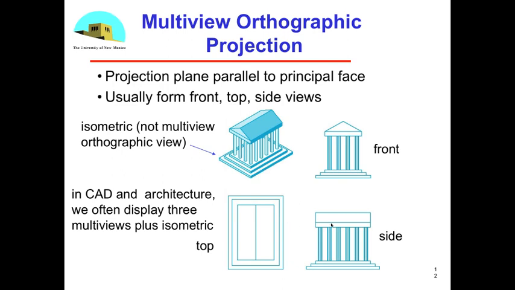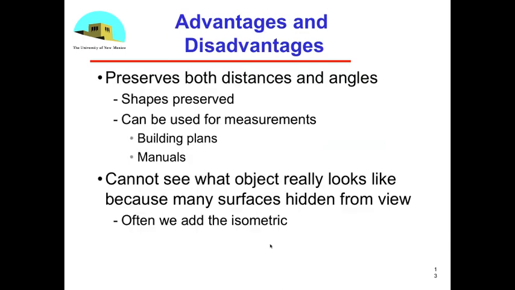You can take more views, or in addition to having multi-view orthographic projections, let's add something, perhaps an isometric, to see what it really looks like, and then use these multi-view orthographic projections for our construction documents. So that would be a standard thing, and again illustrates why we need multiple ways of doing it.